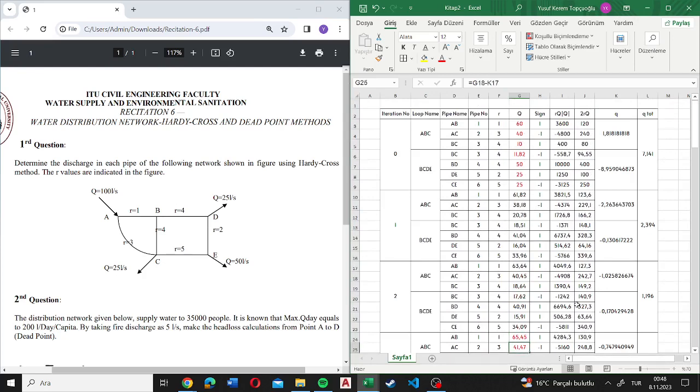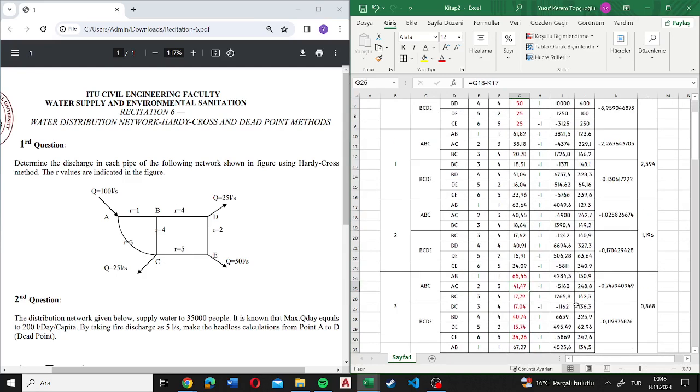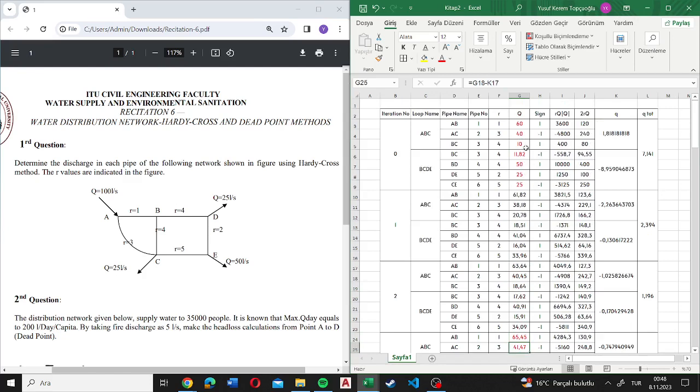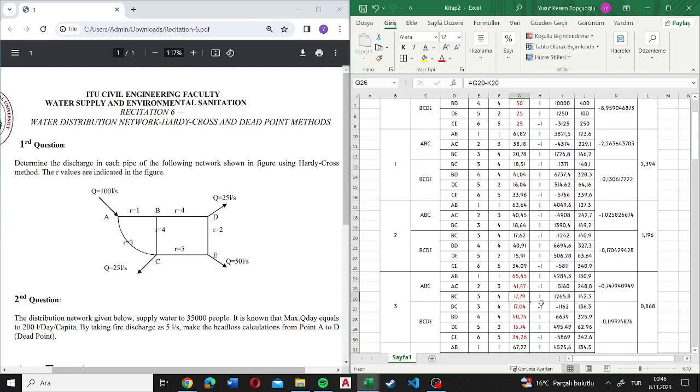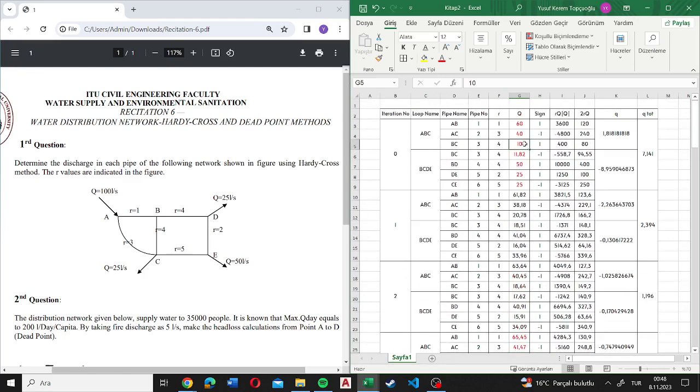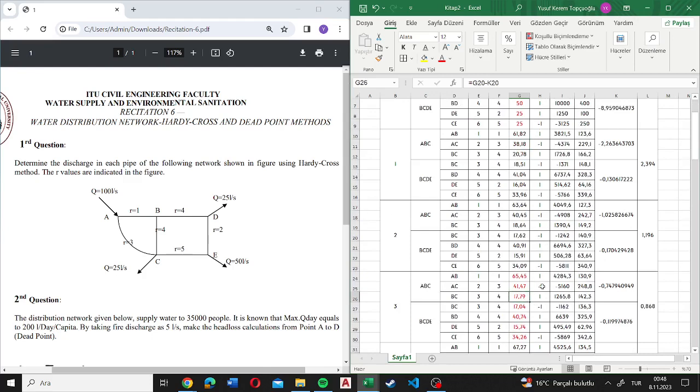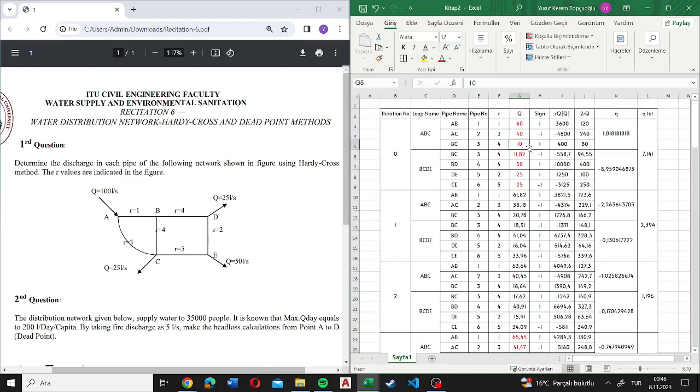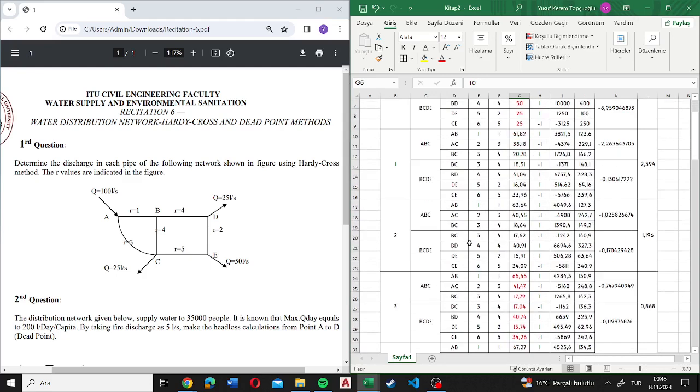Here the difference is approximately 1.5, and here the difference is 7. It's not a good assumption. If we said it's 20, the iteration would complete at the second step, but it's not important.